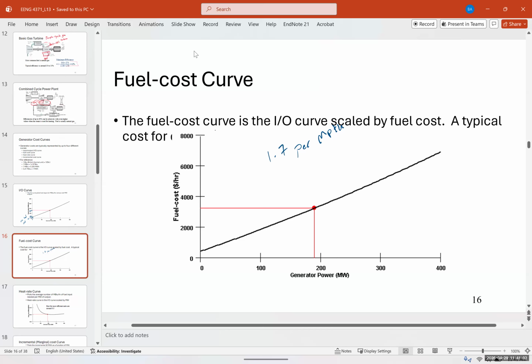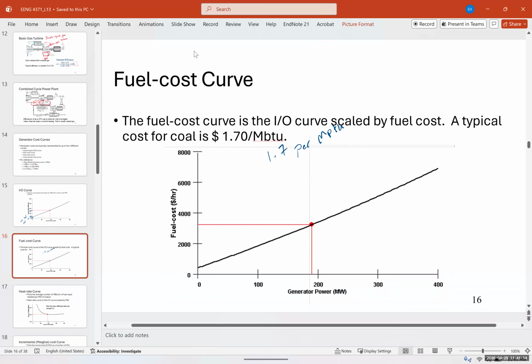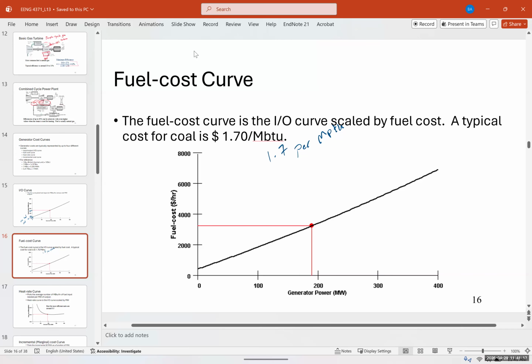Then for any given megawatt output level, you take the fuel input in MBTU per hour from the I/O curve and multiply it by 1.7. Now, the y-axis of the fuel cost curve is dollars per hour.